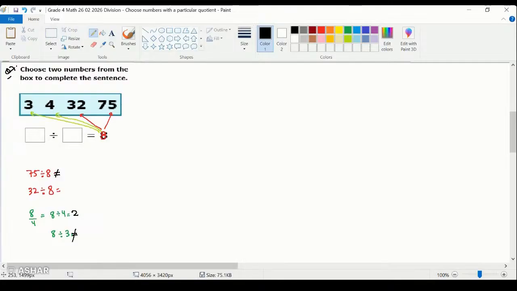Thank you. So we know that 32 when divided by 8 would be equal to 4, or we say 4 multiplied by 8 is equal to 32. Thank you. So we say 32 divided by 4 would give us a quotient of 8. Okay.